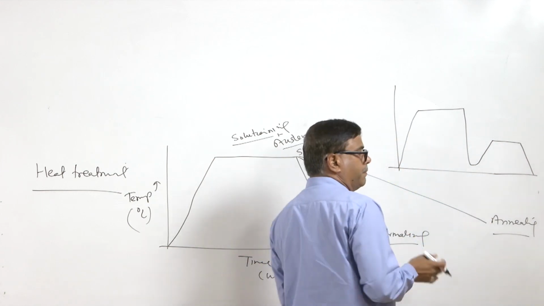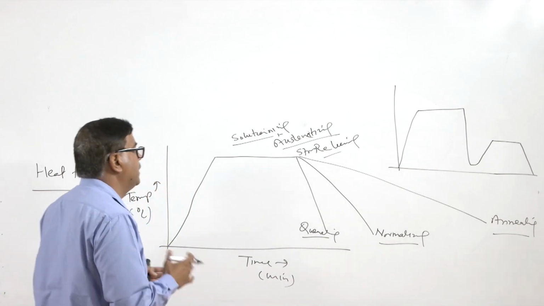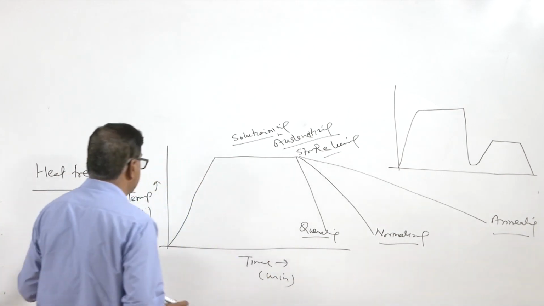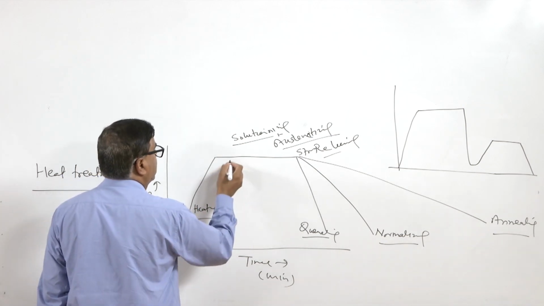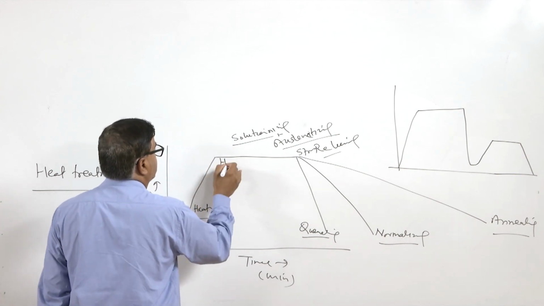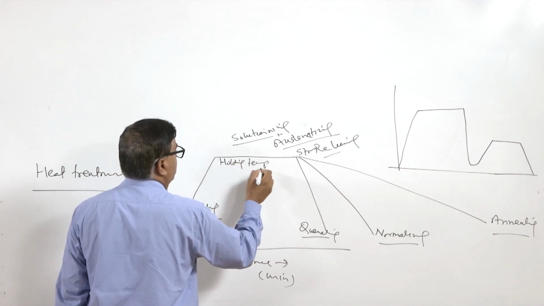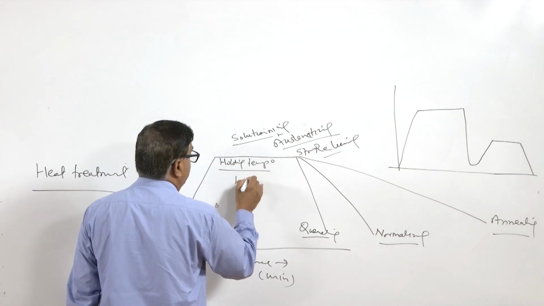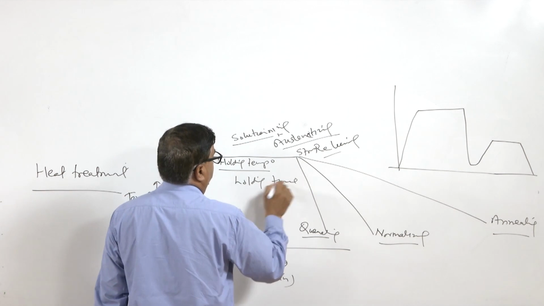So, depending upon the kind of heat treatment being applied, different heat treatment cycles can be used. The point here is our heating rate has to be proper, and the temperature at which it is held, the holding temperature, also called soaking temperature, has to be correct, and the soaking time or holding time should also be the proper one.